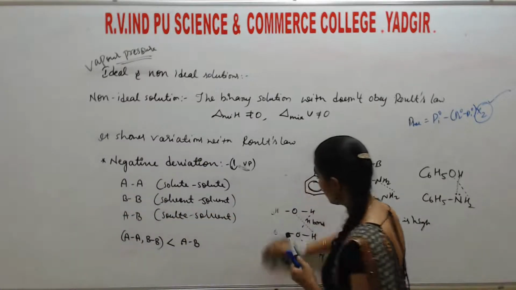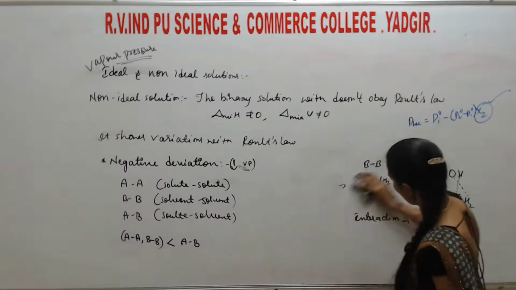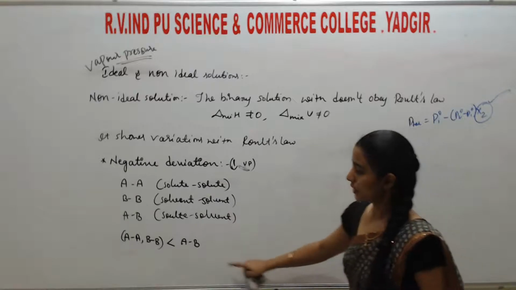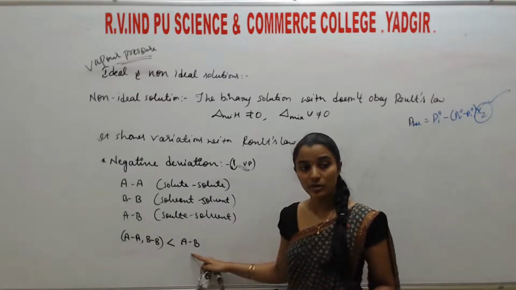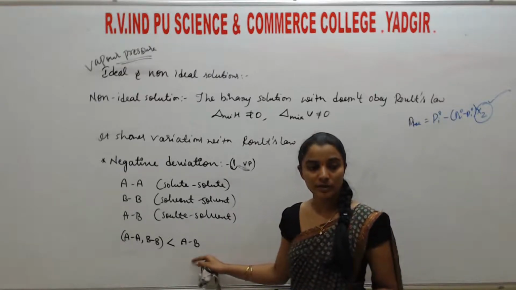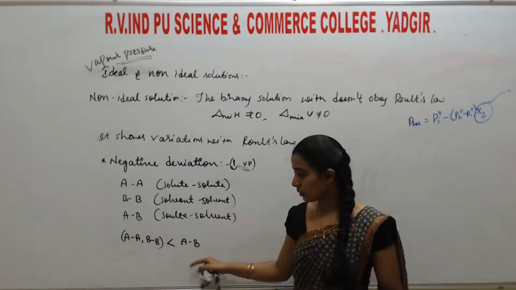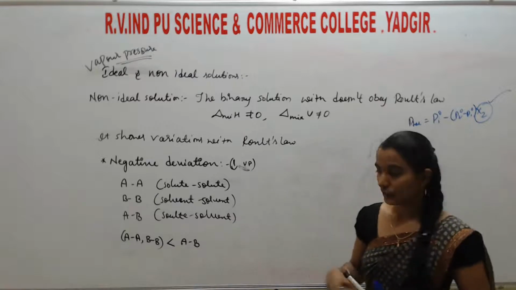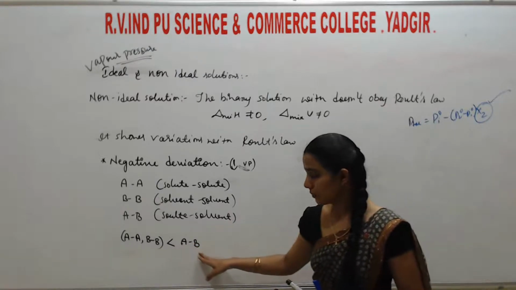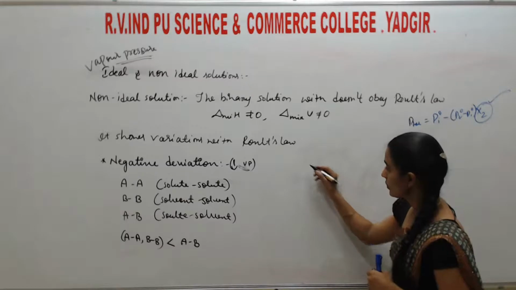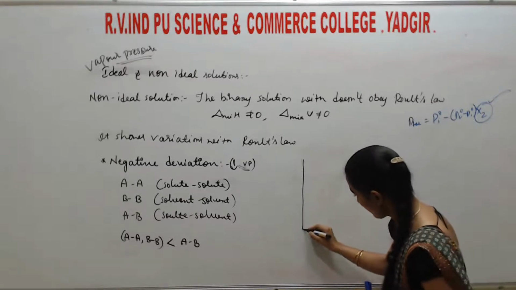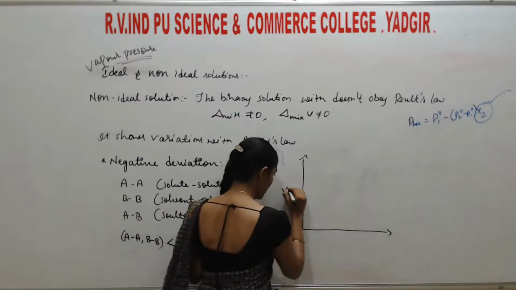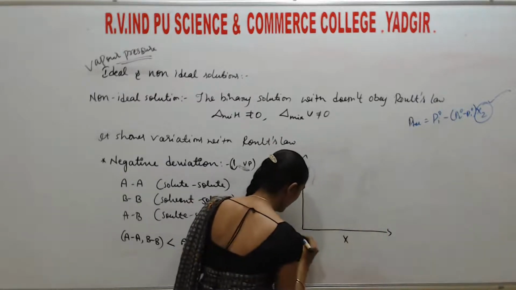I hope you understood what I said. The solute to solvent interaction is high, which means the escaping capacity of vapors is less. Here AA and BB interaction is less than AB interaction. So again we draw the graph of vapor pressure against mole fraction.